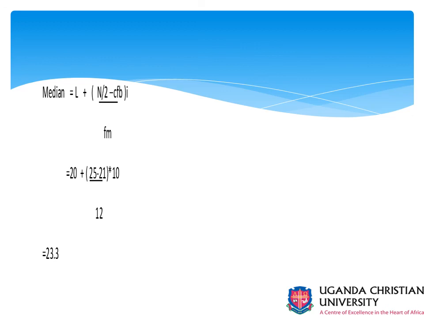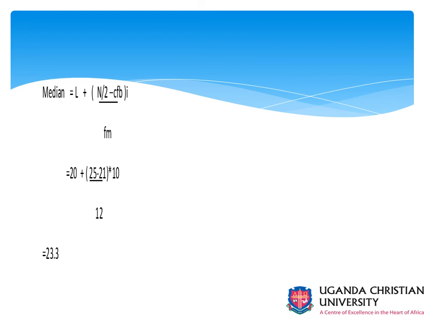Then n divided by 2, where n is the total, the size of the population or the sample size, and then you subtract the cumulative frequency before the median class, divide by the frequency of the median class, and multiply that by the class size of the median class.